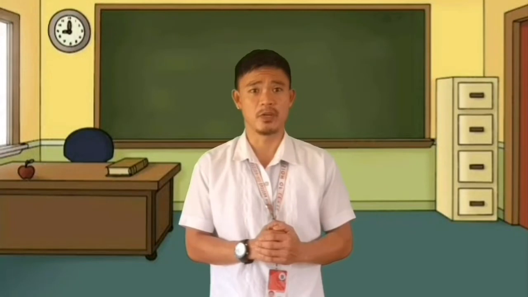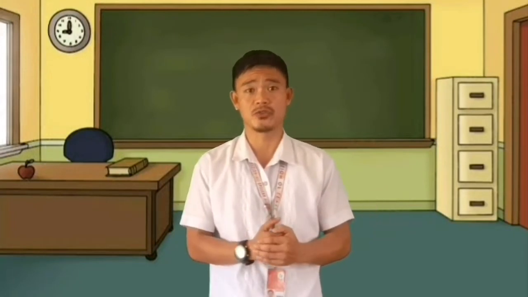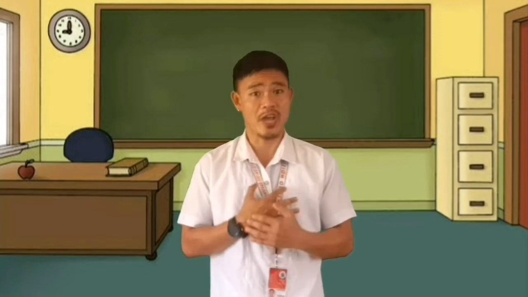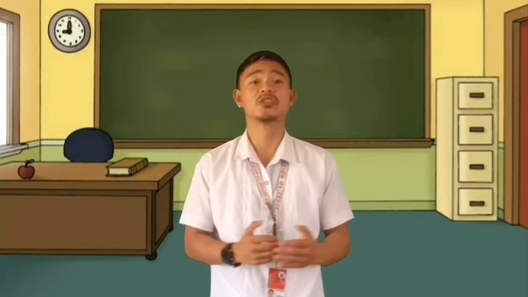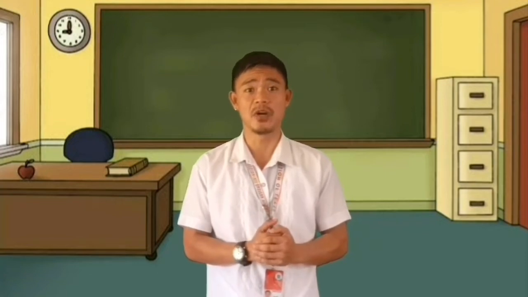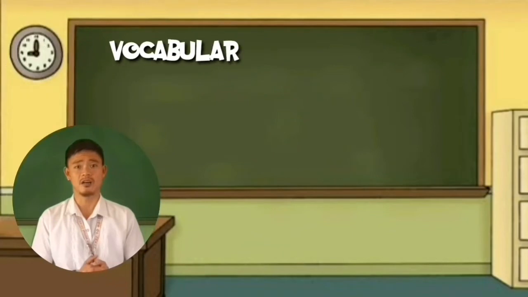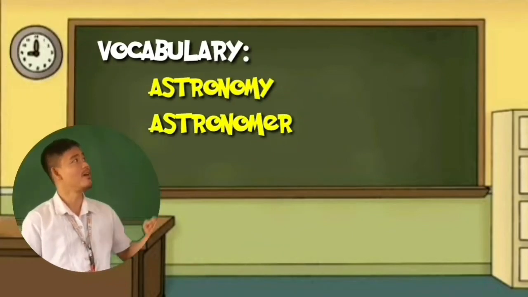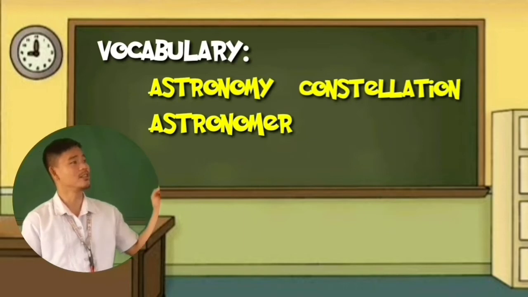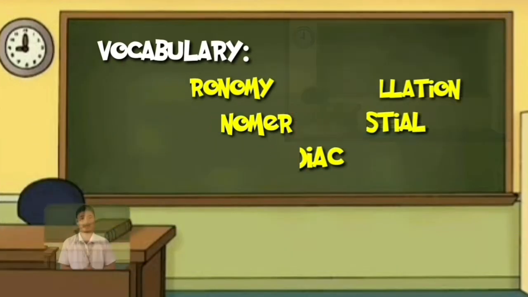Since this is a new topic, I know we will be encountering words or groups of words which I believe are new to you. Now let's try to give meaning to this group of words. The words that I selected are astronomy, astronomer, constellation, celestial, and zodiac.